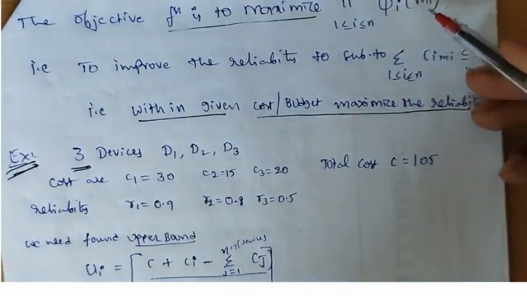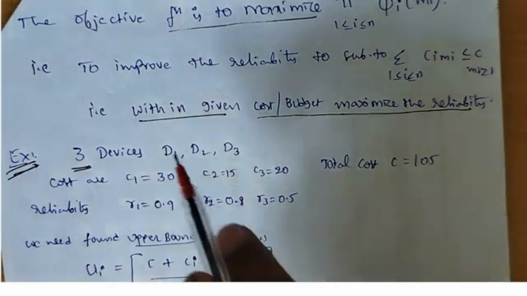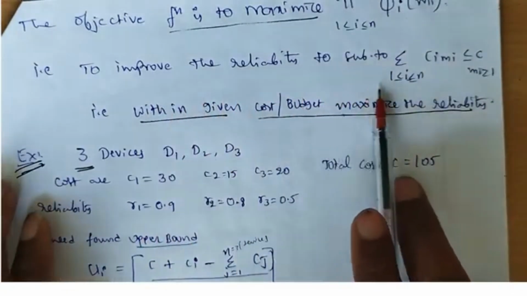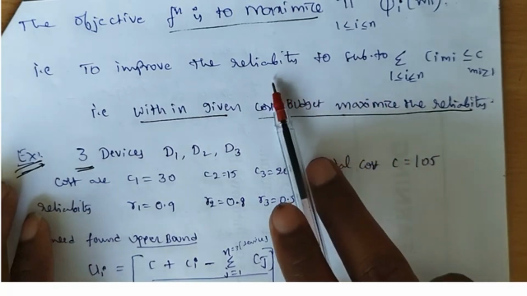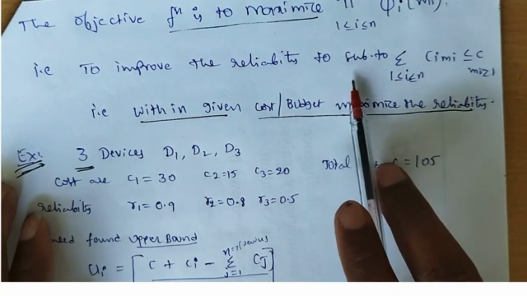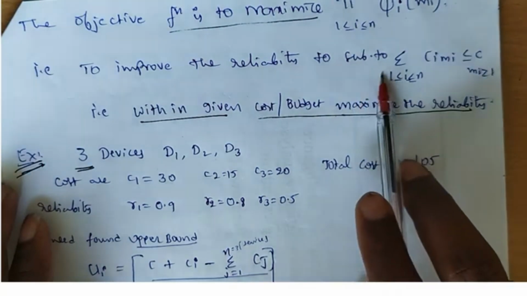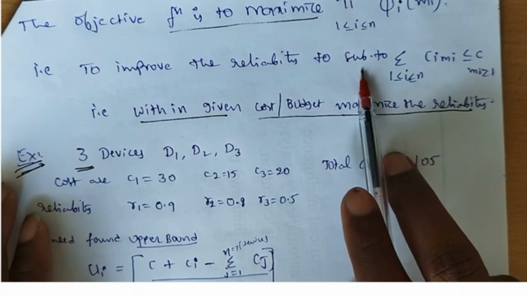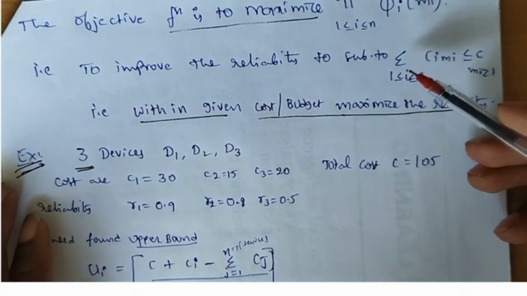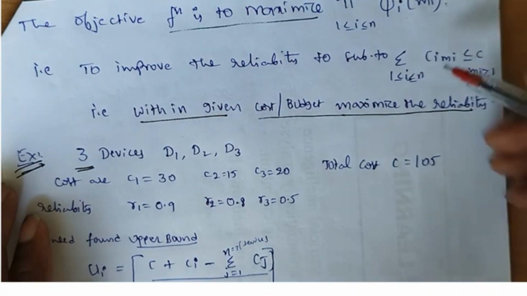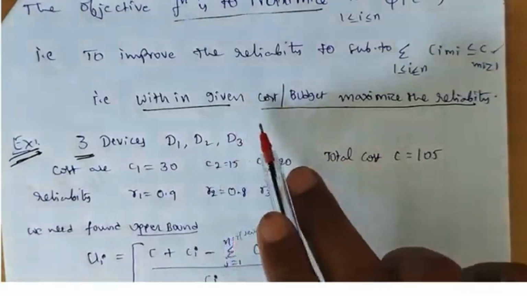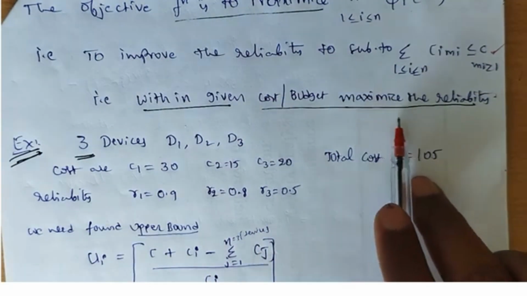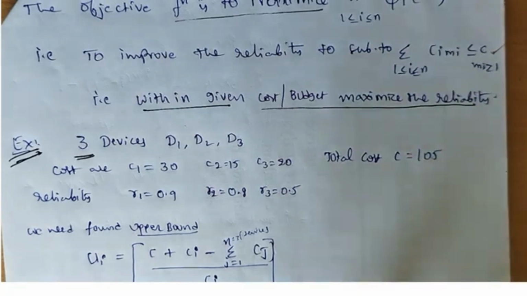That means to improve the reliability, subject to the condition that the summation of Ci into Mi is less than or equal to C. When this condition is true, then with the given cost or budget we maximize the reliability.